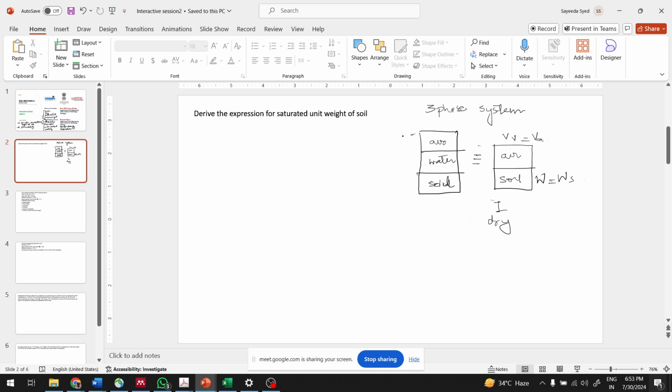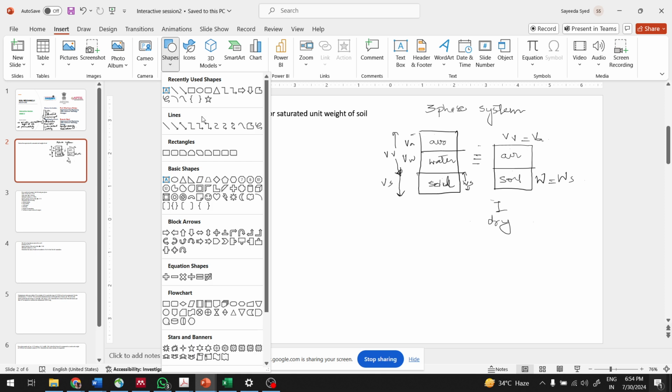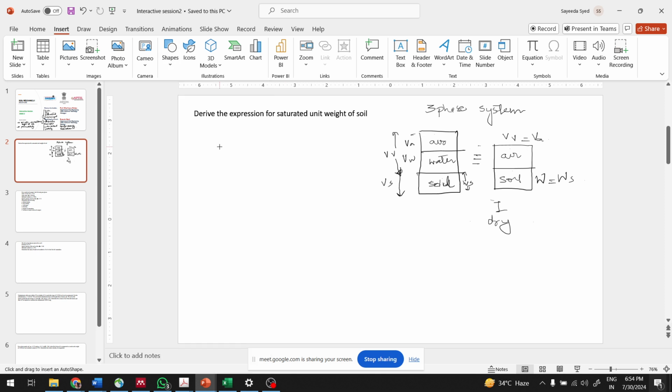Let me show here. This is volume of air, volume of water. This completely is volume of voids. Then we have volume of solids. This is weight of solids. Actually, let me draw it properly. It will be a better representation.